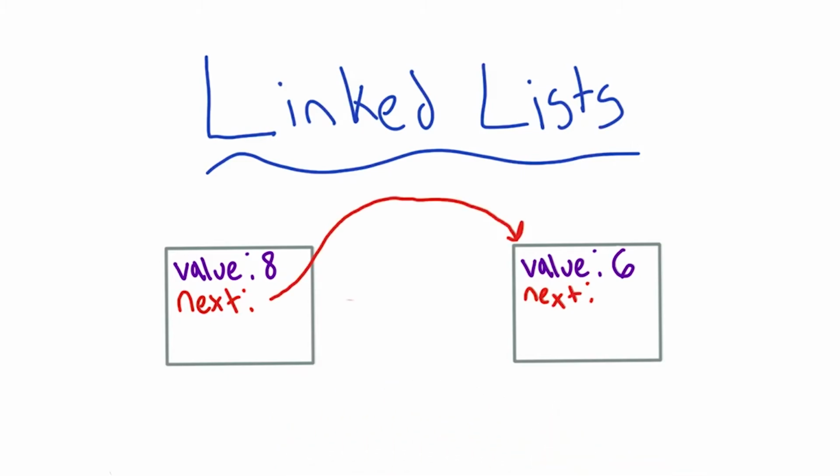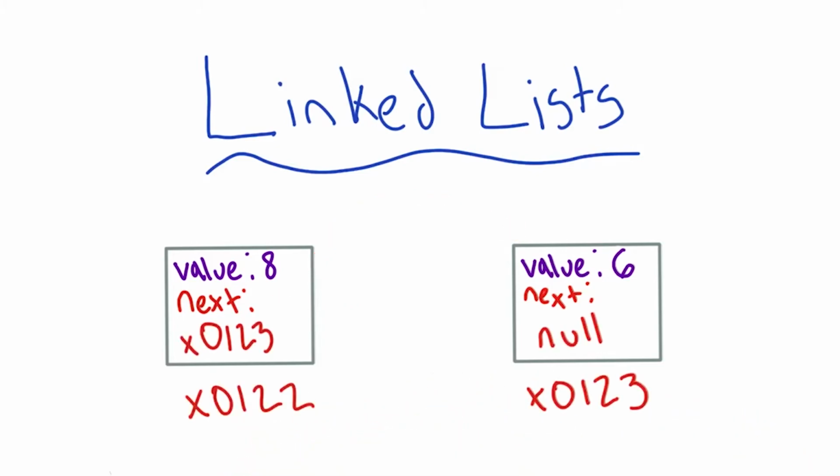In many languages, this will look like assigning the actual next element as a property of this element. Way down at the hardware level, your element actually has some space dedicated for it in memory. These are representing the memory locations. So in this case, the next component is actually storing the memory address of the next element, while this element is storing null because it doesn't point to anything else.